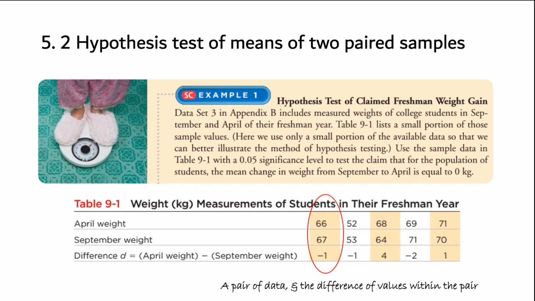In September, the 5 students are weighed as well. The weight of student A in September is 67, student B is 53, and so on. So this is the case of paired samples. We measure the weight of the same students but at different conditions.